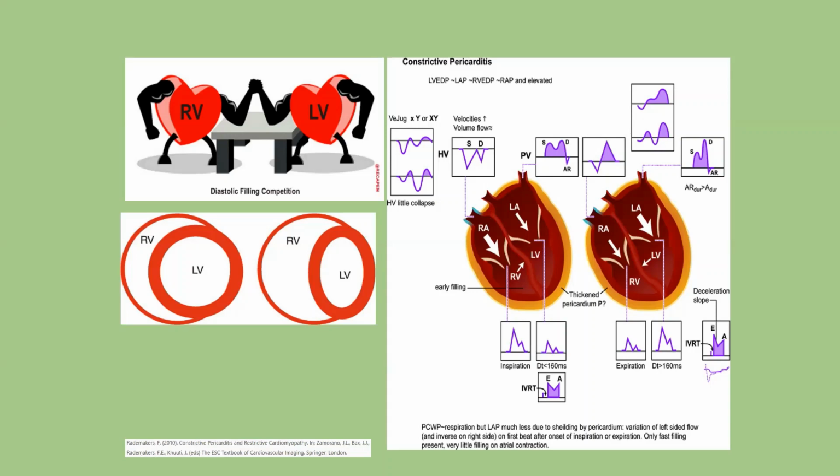That happens because during inspiration, the lungs are inflated. The blood pools inside the inflated lungs, and less blood flows into the left atrium. During expiration, the lungs shrink and they push more blood into the left atrium. So you have more volume of blood coming to the left atrium during expiration and less blood coming during inspiration.